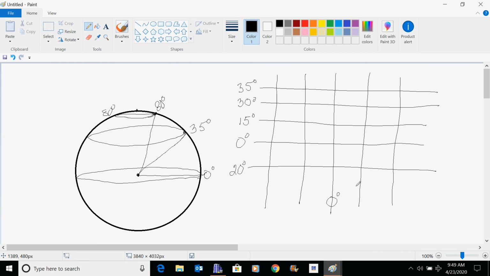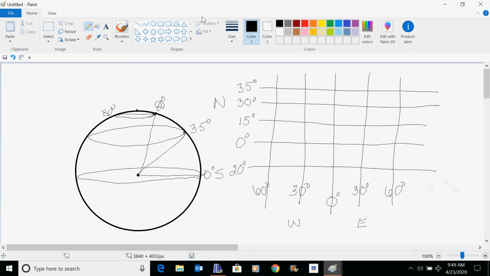Let's make this one 30 degrees, and this 60 degrees this way, and 30 degrees and 60 degrees this way, keeping in mind that this is north, this is south, this is west, and this is east, because that's how we do them.